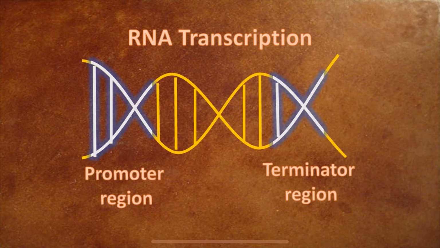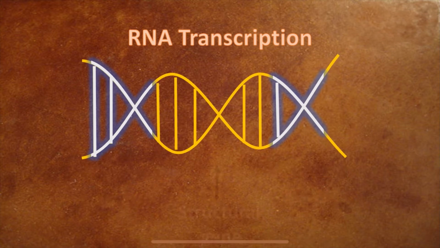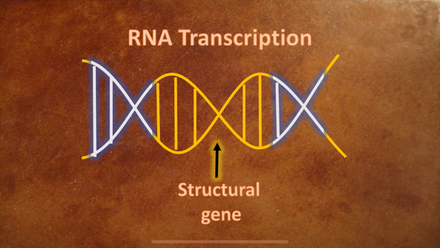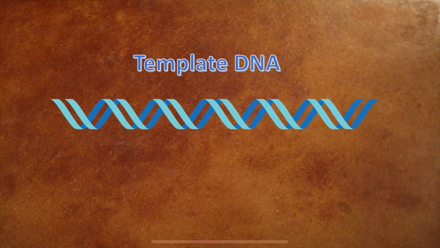So the enzyme called RNA polymerase will recognize this site and start the transcription. And the terminator region is the place where the process will be terminated. Other than that, in between there is the structural gene unit. That is the major part from where the whole RNA will be transcribed.